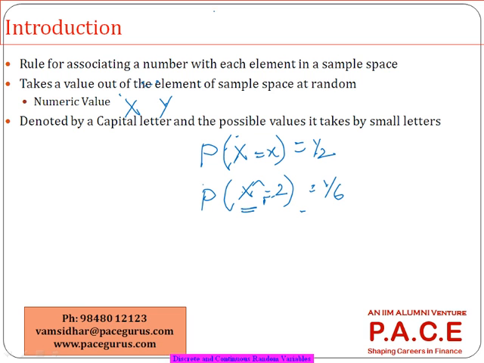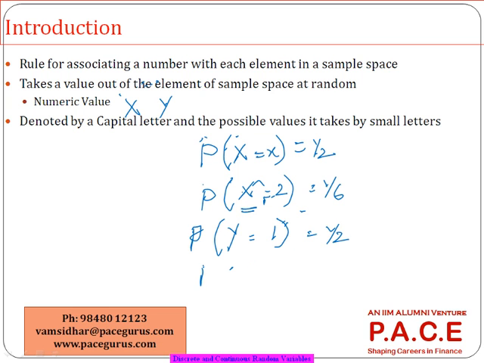Or when I'm saying Y is a random variable of tossing a coin, and if I say Y is tossing a coin and getting a head, right? So getting one head, the probability that it takes one head is equal to 1 by 2.